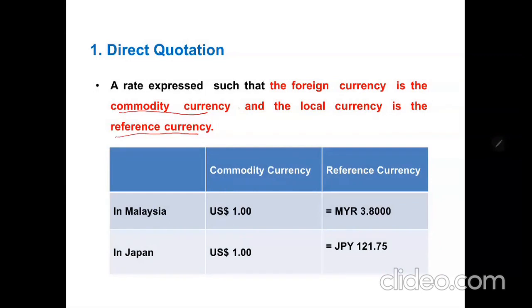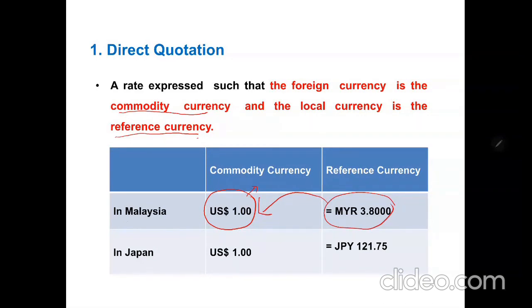The commodity currency is the currency that comes first in the quotation, and normally it is expressed as 1, for example, 1 USD. The reference currency is the currency that prices the commodity currency, in this case, Malaysian ringgit.